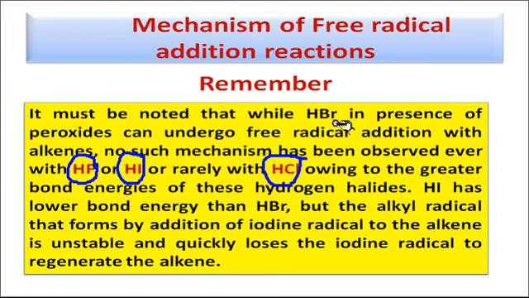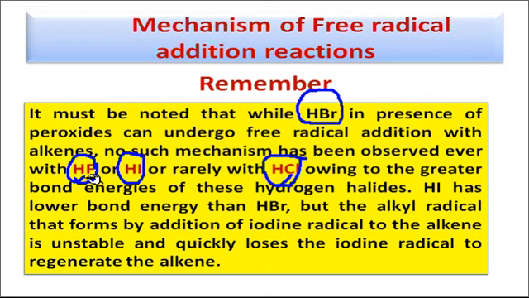So, only HBr can show the peroxide or the Kharasch effect, because HI has a lower bond energy than HBr, while HCl and HF have higher bond energy.